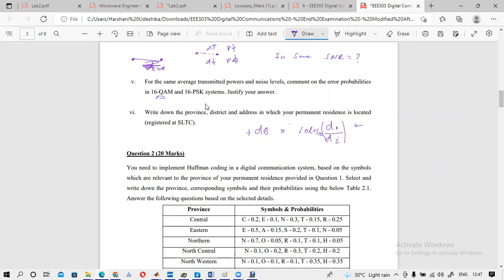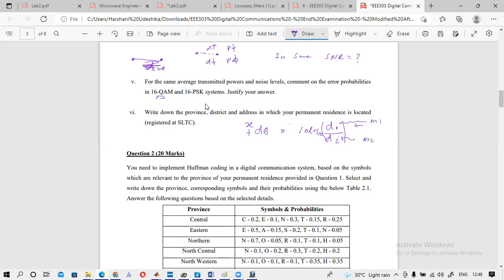So to have the same error probability, let's say the difference is x. Let's say this modulation scheme is M1 and this is M2.